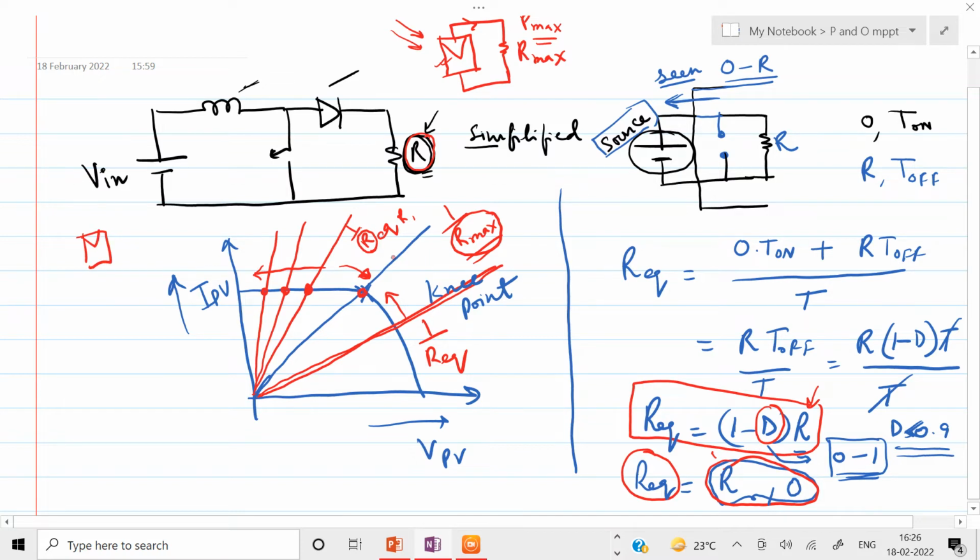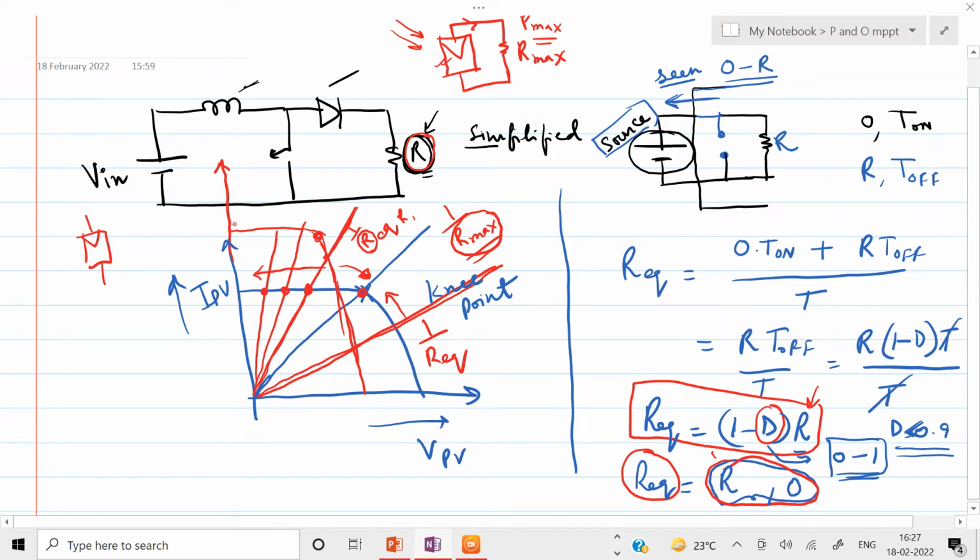If we have a load of 1 by R value here, we need to take a panel, an array rather, which has a characteristic something like this. Then only can we move from this to this point.